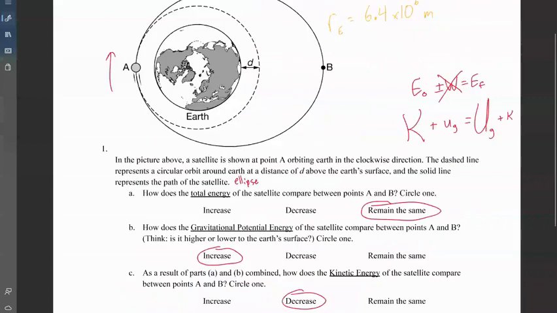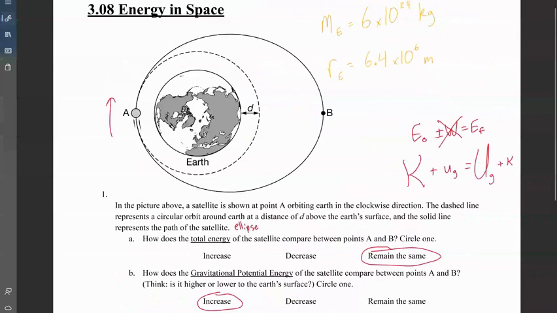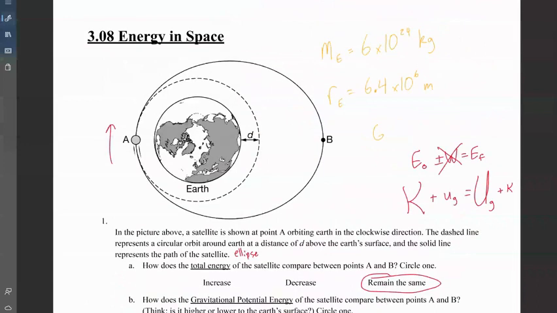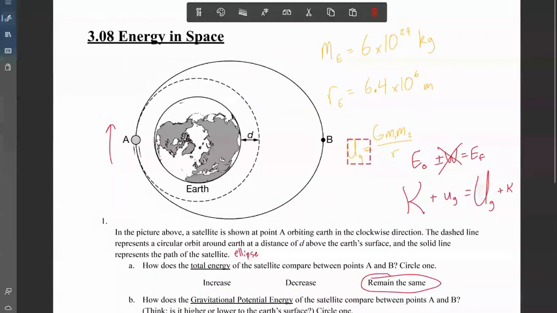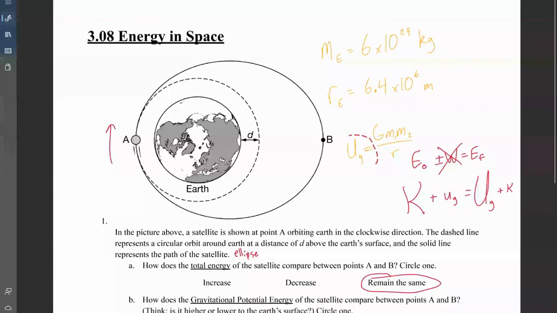But remember, all of these gravitational equations, G M1 M2 over R, this radius must be equal to, sorry, I forgot the negative sign. This radius must be equal to the distance from the center of one object to the center of the other object.